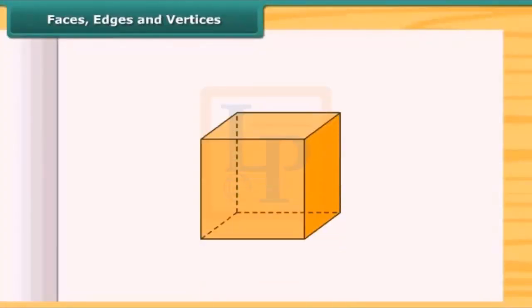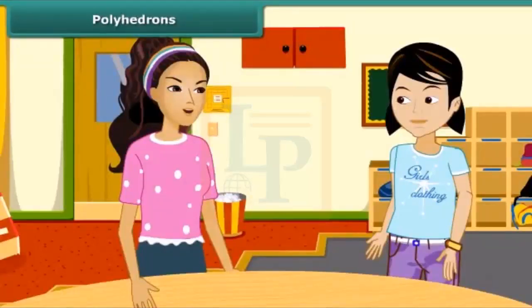Look at this cube. This is the face of a cube. This is the edge of the cube and this is the vertex of the cube. An edge is a line segment where the faces meet, and the vertices are the points where the edges meet. Do you know what we call a solid having flat faces, edges and vertices?